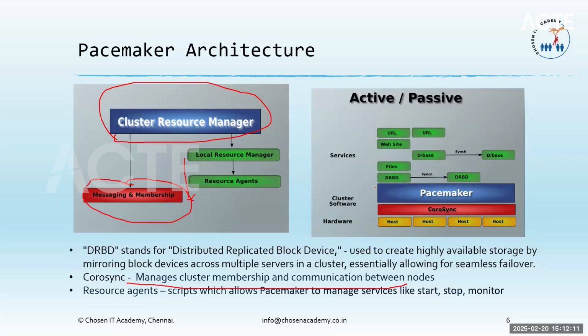An important part here is DRBD, the distributed replicated block device. DRBD is used to create highly available storage by mirroring block devices across servers in the cluster, essentially allowing for seamless failover.